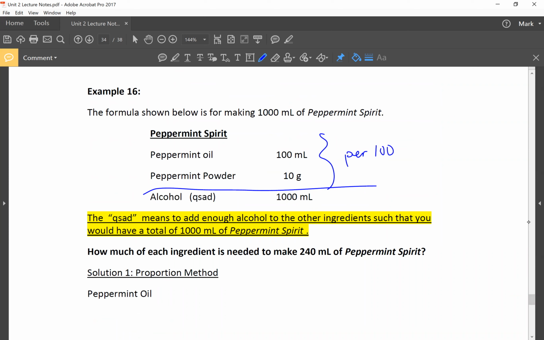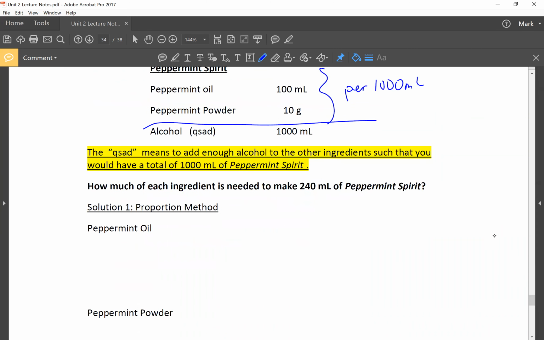So for peppermint oil, I know I need 100 milliliters of peppermint oil if I have 1,000 milliliters. The question is, how much peppermint oil do I need if I only have 240 milliliters?